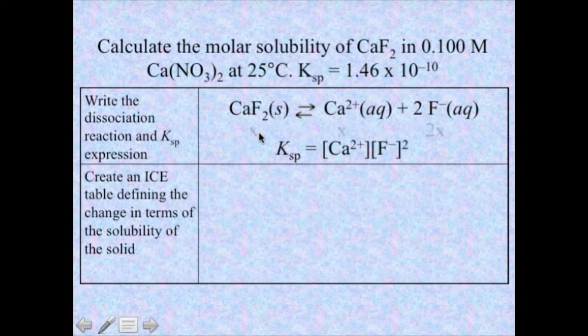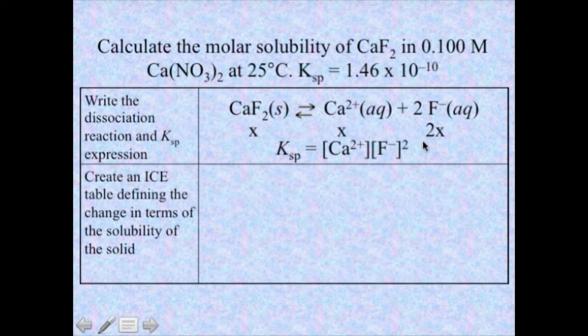Now here's the thing, if we let X be the molar solubility of the calcium fluoride, in other words, the amount of calcium fluoride that actually dissociates, it will form X moles per liter of calcium ion, but 2X moles per liter of fluoride ion. That's because the fluoride is coming from the calcium fluoride.